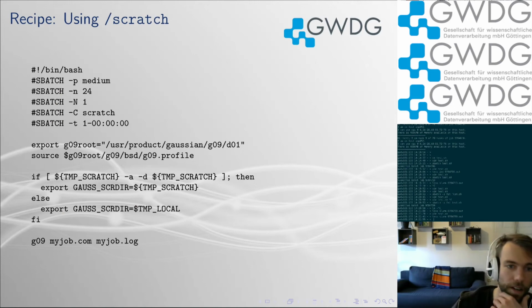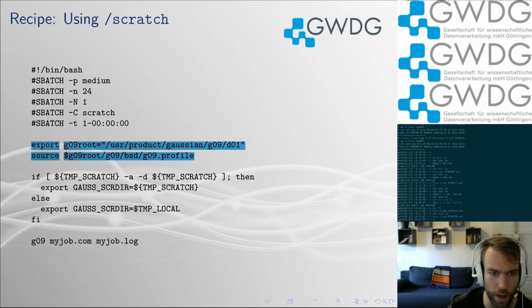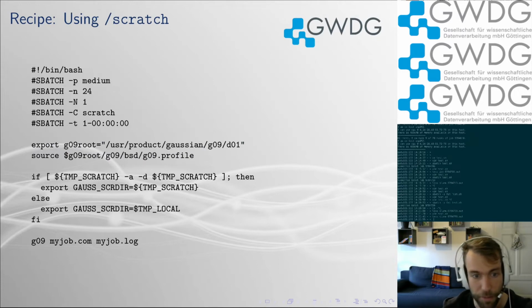Okay, here's another example of how this might look in the wild. Again, I have the SBATCH lines, 24 cores, 1 node only. I have Scratch, and these are setups which are important for running Gaussian, I've been told. I've never run it myself.